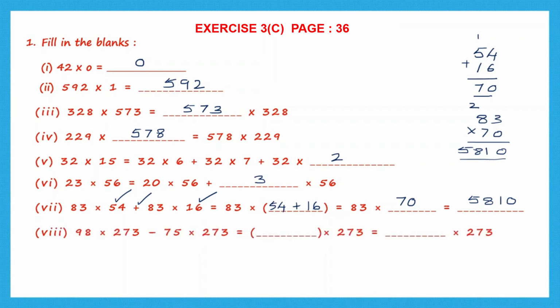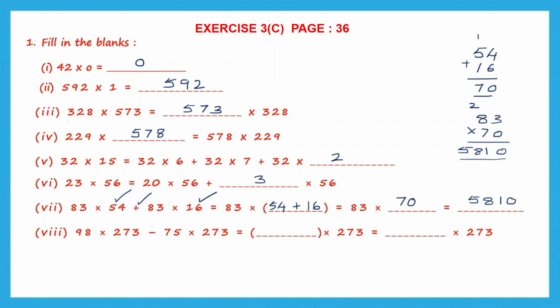Question 8. So here what do we have? 98 into 273 minus 75 into 273 is equal to dash into 273. So 273 will remain the same. We have to take the other numbers that are missing, which is 98, the sign is minus, and 75.